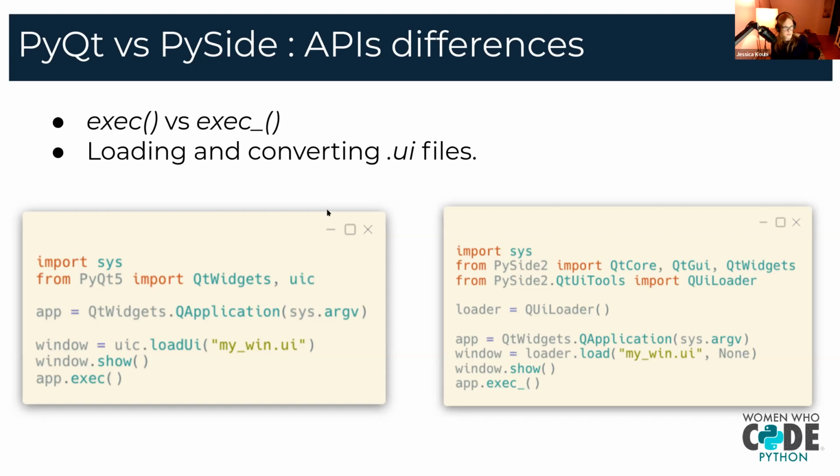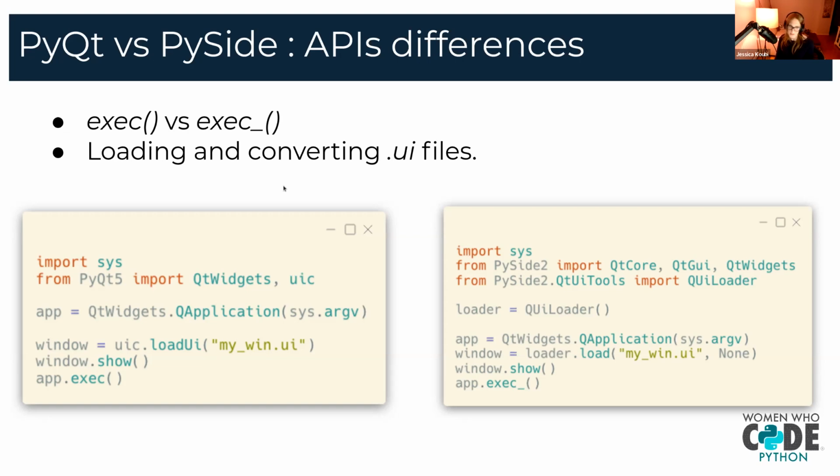Now, when it comes to loading the UI file, that's when things differ a fair bit, but it's not a big difference in the end. PyQt has a module called uic, and you can use uic.loadUi, as you can see on the left, and give the path to your UI. It creates an object straight from that method.